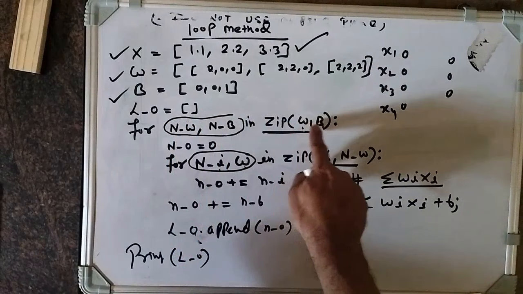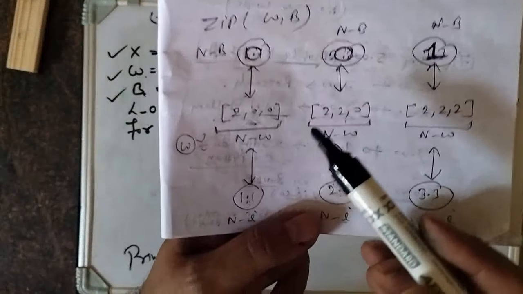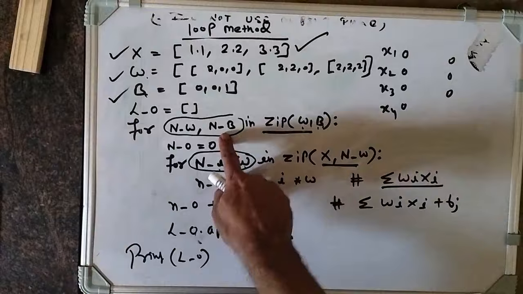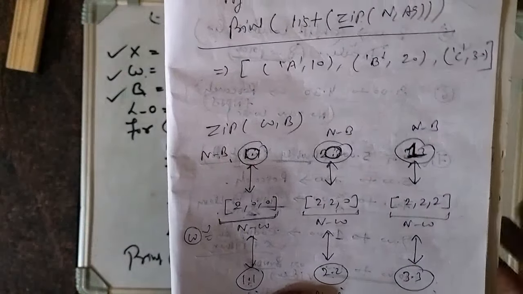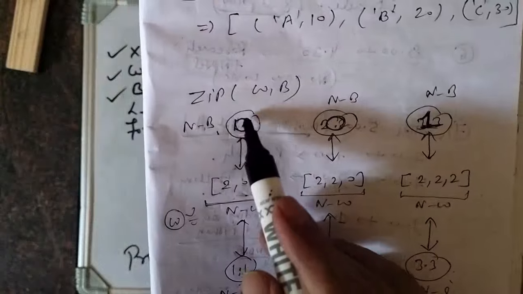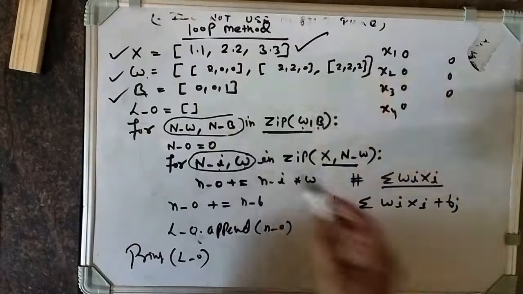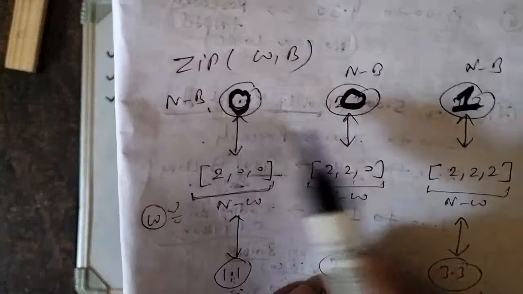I am zipping W and B. So now this is my neuron bias. First my neuron bias is 0 0 1. I am writing 0 0 1, this is 0 and this is 0 and this is 1. You can see 0 0 1. Getting? So 0 0 1.